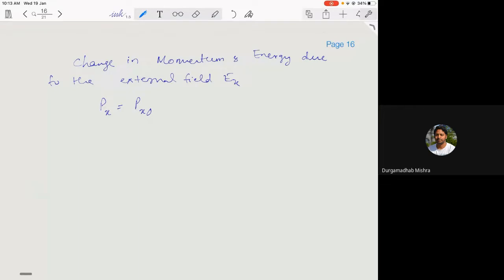Yes, let's see the question. There is some question: when the electric field is 0 at room temperature, then an electron may have energy greater than Fermi energy, so the average momentum being 0. Yes, some electrons can go to the unoccupied level.